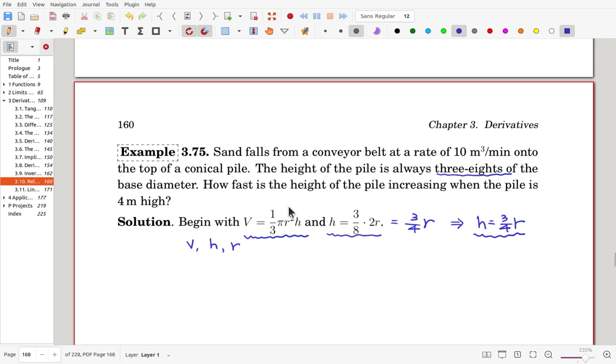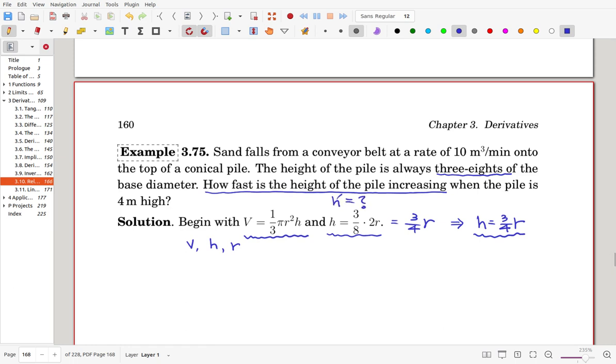If you plug this in over there, then the right side will be changed into a function of r, since h is replaced by 3/4 r. But here, the unknown is h prime.